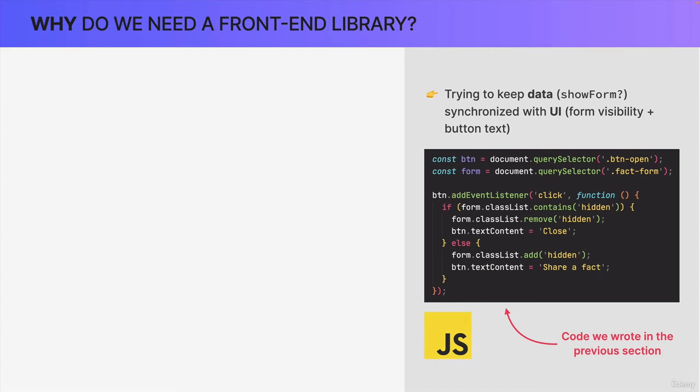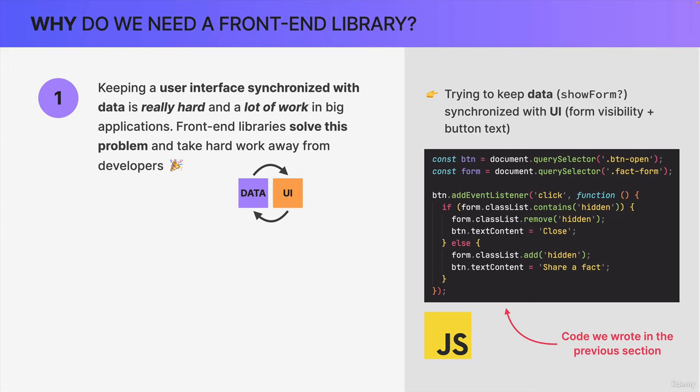So as I mentioned before, keeping the UI synchronized with data is really hard and a lot of work in big applications if we only were to use pure JavaScript. And so that's the big reason why we need the help of a library in order to write complex front-end applications. Because front-end libraries like React solve this very difficult problem simply by taking all this hard work away from us, the developers.